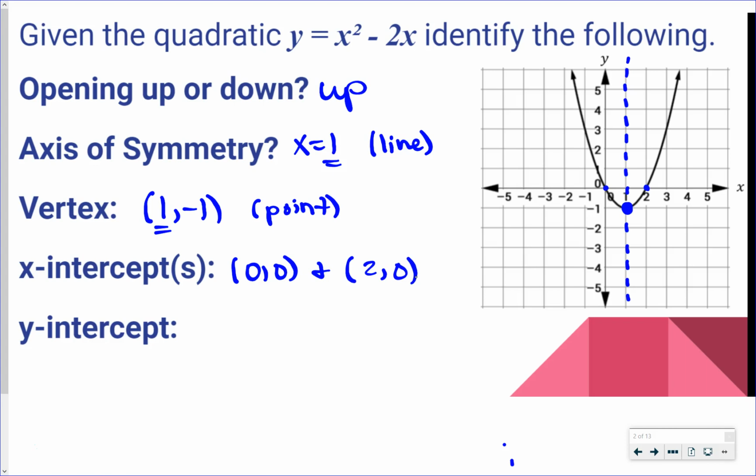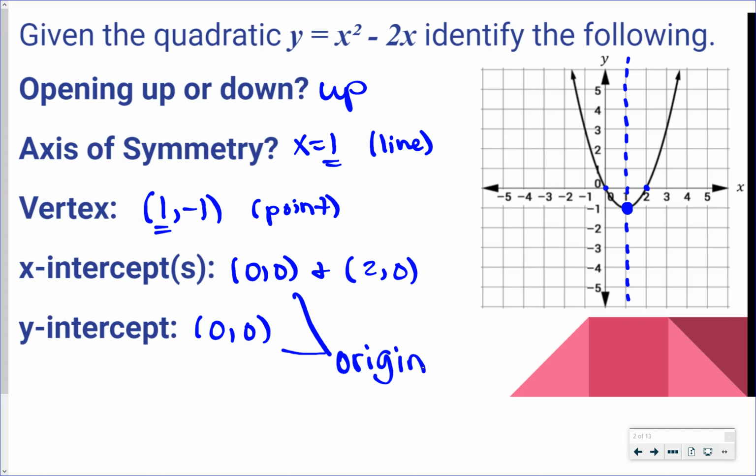That's how we write the points of our intercepts. And then last but not least, where is the y-intercept? Right there. It is at (0, 0). Yes, good. Technically that is the origin.